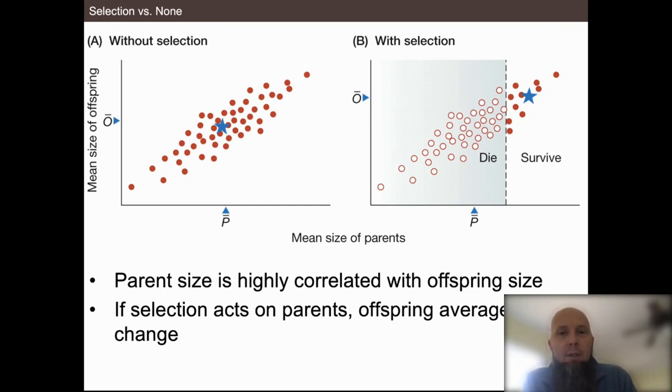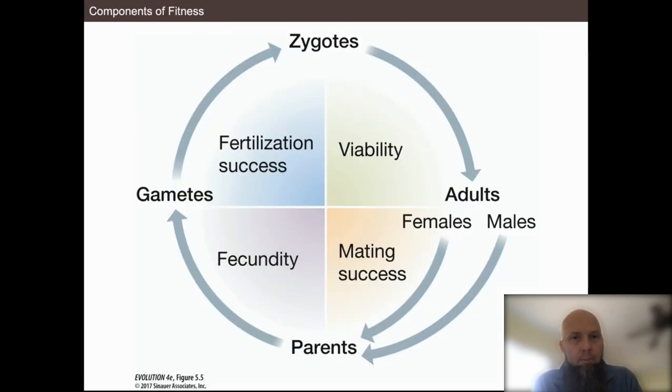So when selection acts on these parents, the average of the offspring will change. And this is that shift, that movement of the population over time due to selection. So when we think of the fitness of individuals, it's important to recognize that fitness is in equal parts survival and reproductive success, right?